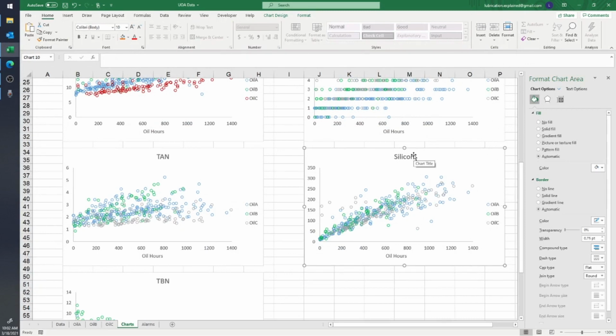Okay, so now let's have a little bit of a think about silicon. Why is silicon important? Remember what I said before. Silicon comes from siloxanes, which are in the landfill. Siloxanes, when they get into the combustion chamber, turn into silica, which is very abrasive. So the reason that I care about silicon is because it will cause engine wear.